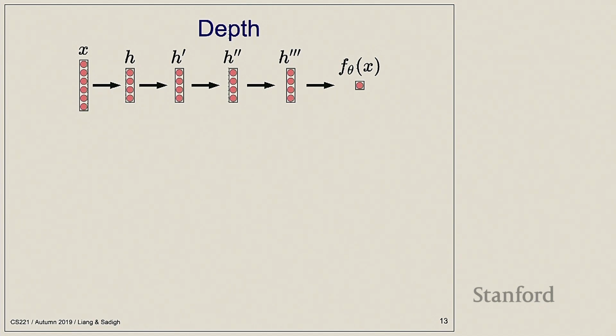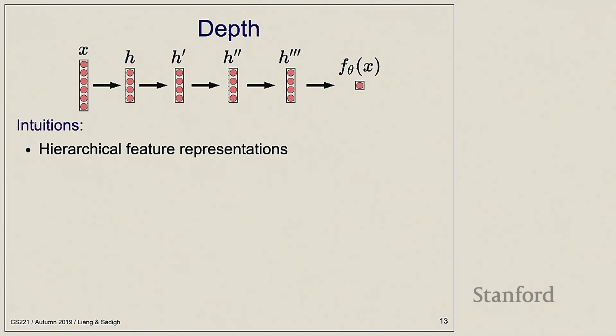Just a word about depth. That's one of the reasons why these things are really powerful. There are a lot of interpretations for why depth is helpful and why stacking these matrices works well. One way to think about it is that it learns representations of the input which are hierarchical. h is going to be some kind of representation of x. h prime is going to be a slightly higher level representation of x.